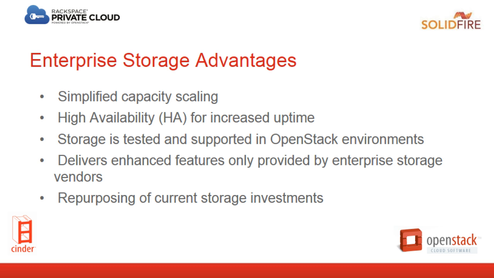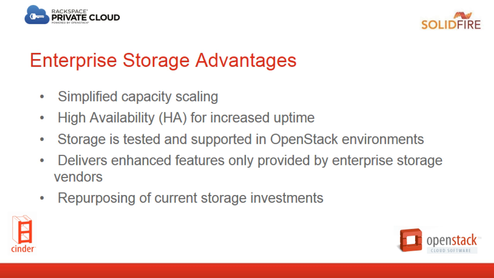The other thing about going down the enterprise road is, on the Cinder side, there's a common API, and the idea is that every backend that's implemented, including commodity storage, LVM, anything you build, is expected to implement every function of the core API.